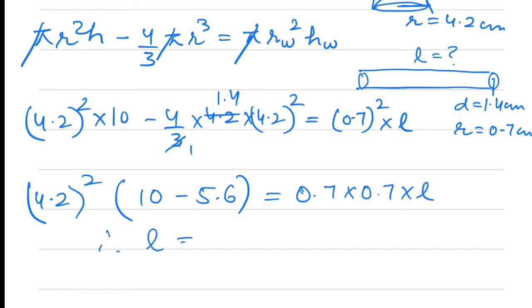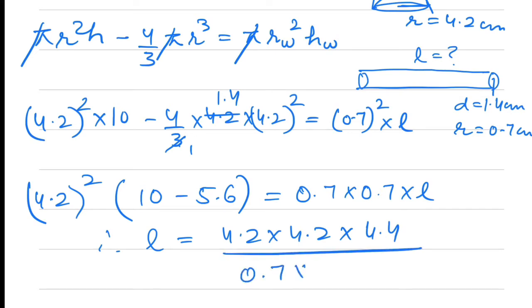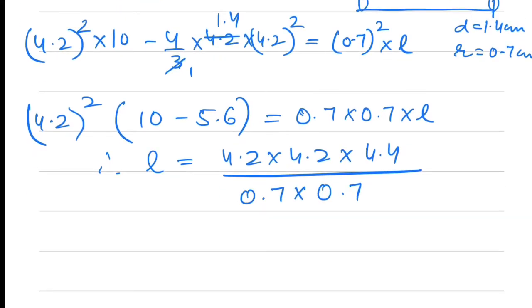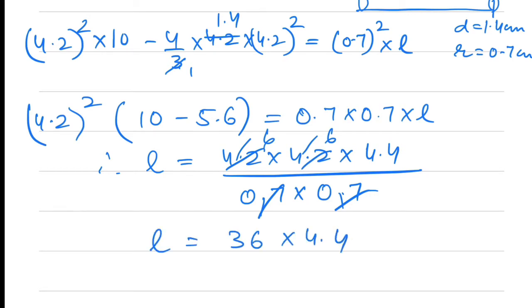Therefore, L is equal to 4.2 into 4.2 into 4.4 divided by 0.7 into 0.7. The decimals are cancelled, and this is 6 and 6. So length I get as 36 into 4.4. Let's multiply. So 36 and 4, 24 and 144.